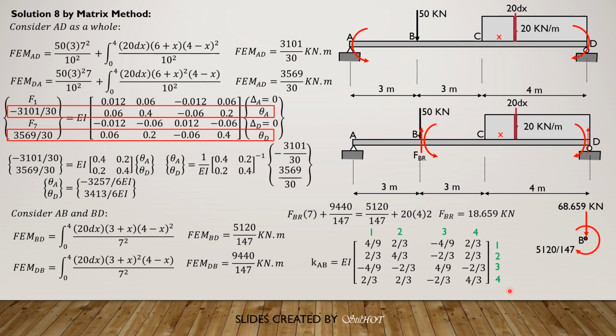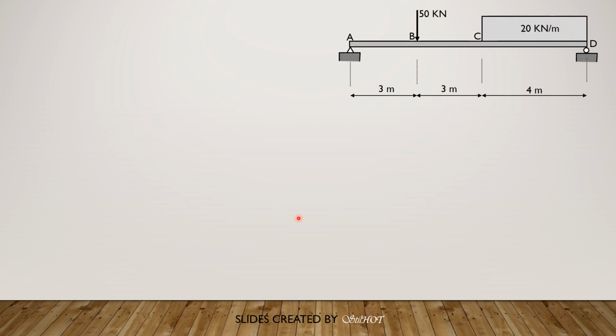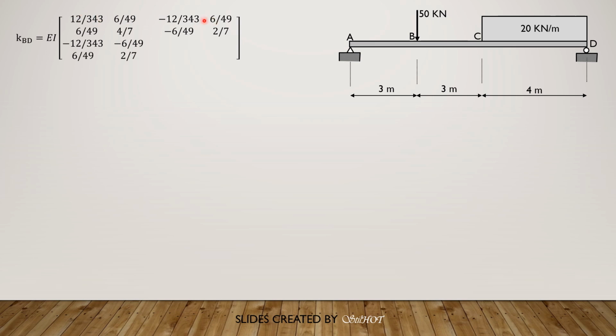Then we have to establish KBD. So we have 12 over 7 cube. 12 EI is factored out over 7 cubed, so 12 over 343. 6 over 7 square is 6 over 49. The negative of the first term, then copy the second term. Then this is 6 over 7 square, 6 EI over 7 square, so 6 over 49. 4 EI over 7, so 4 over 7.